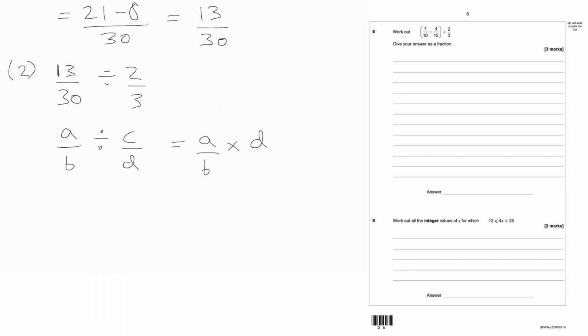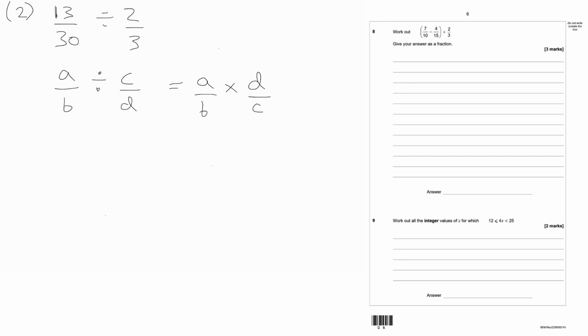So we can change it to a multiplication by flipping the later fraction. So this is actually equal to 13 over 30 times 3 over 2. So when we do this, we get 39 over 60. And this, of course, can be simplified. If we divide top and bottom by 3, we get 13 over 20.